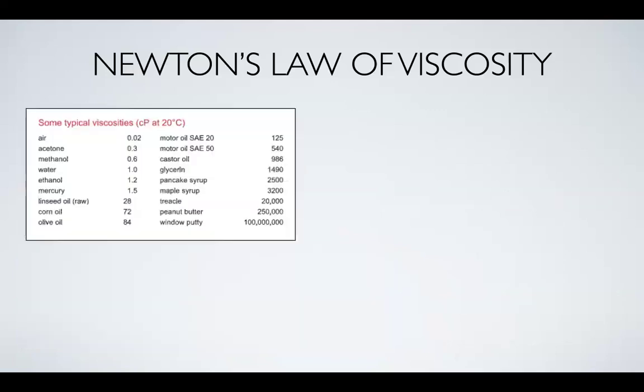This is the list of the viscosity for all types of fluids. Fluids include gas and liquids, and you can see that most of the gases have a lower viscosity compared to the liquid ones. For both liquids and gases, viscosity can change with temperature. For liquids, when the temperature increases, the viscosity becomes lower.